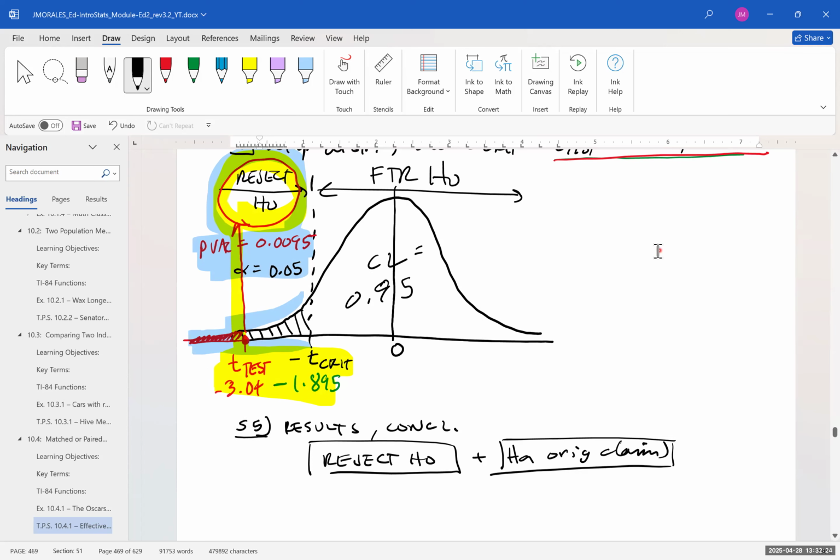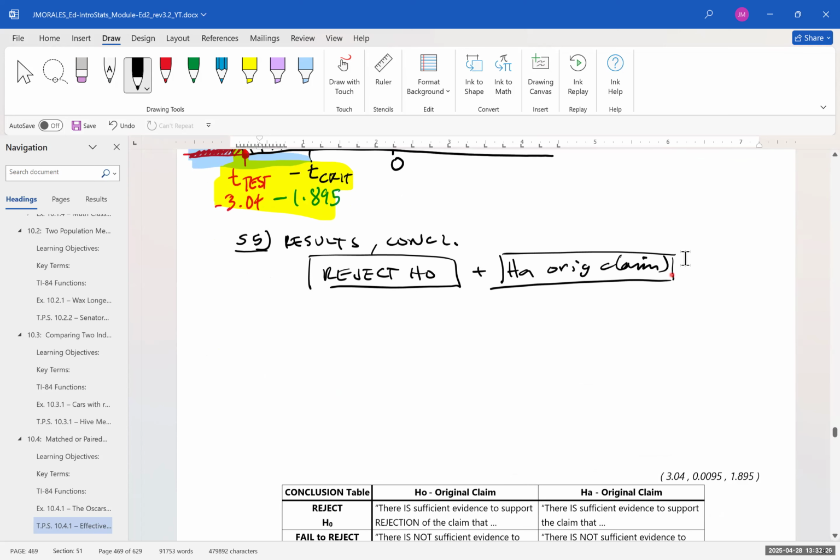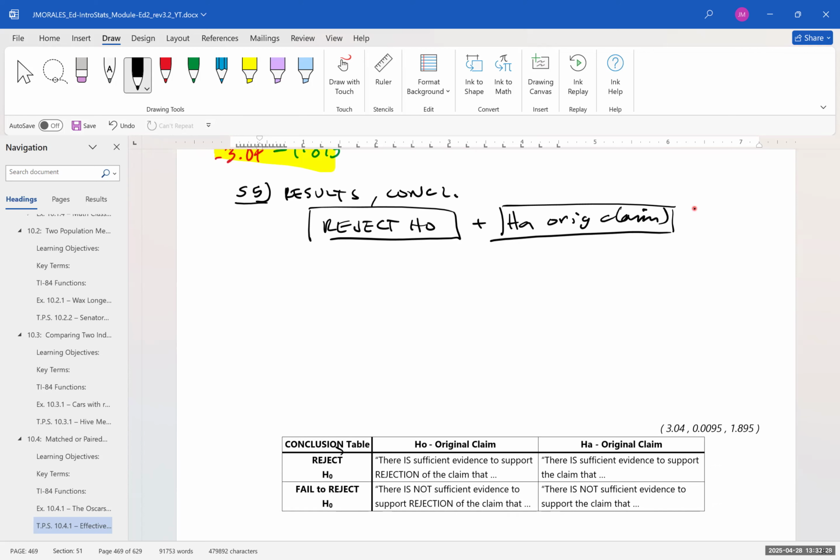Okay, so let's go ahead and scroll down. We're going to reject the null. The alternate was our original claim. Where those two meet, that's going to be our conclusion.